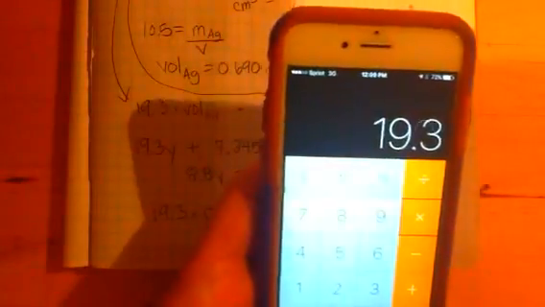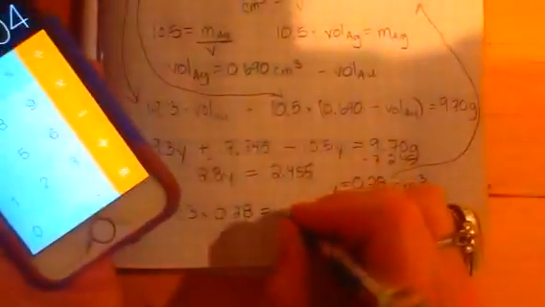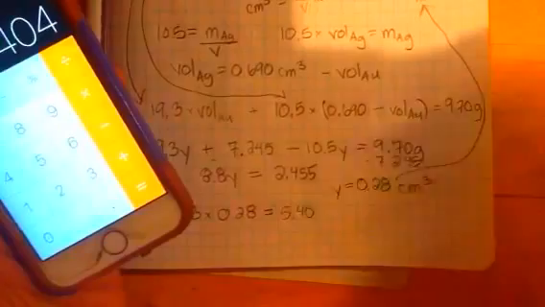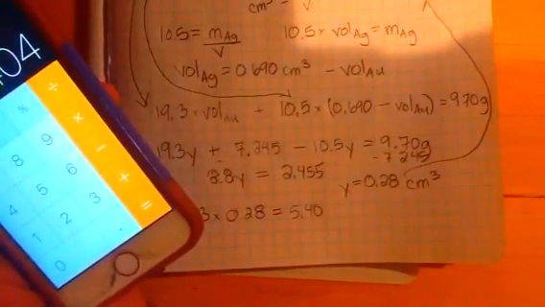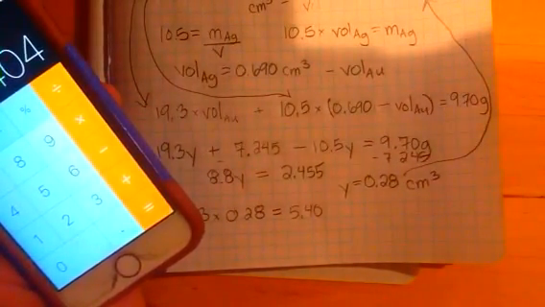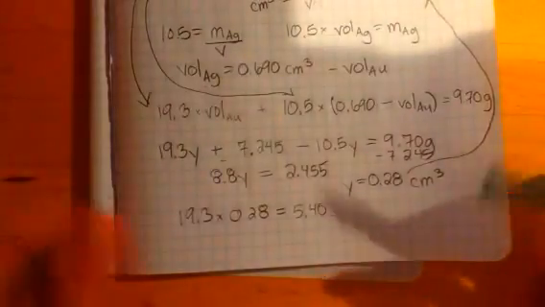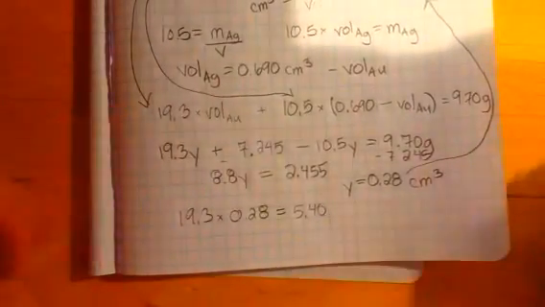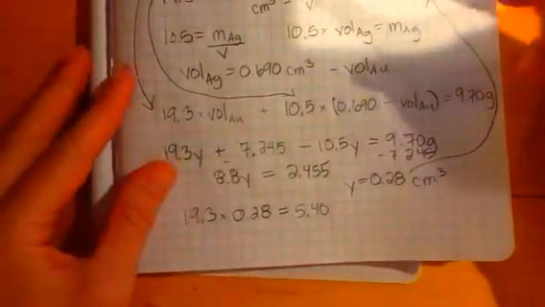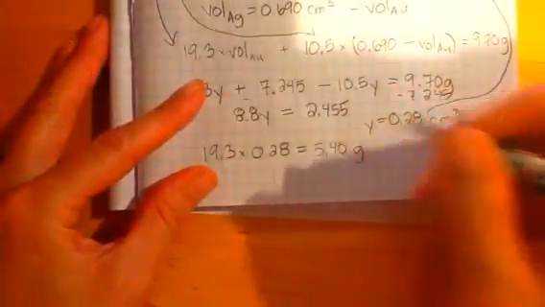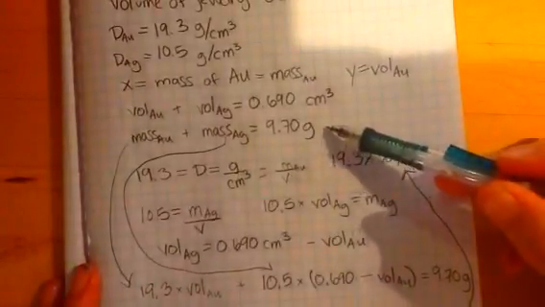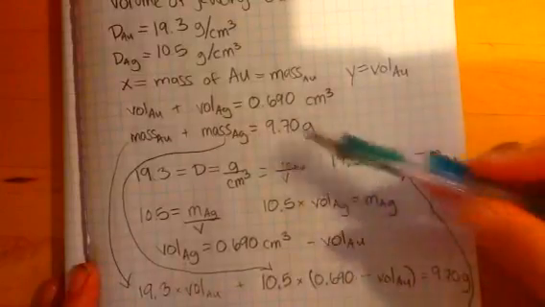So if I have 19.3 times 0.28, I still end up with 5.40. And let's check our work. So if I have 5.40 and we have an overall mass of 9.70, this is how many grams the entire piece of jewelry weighs.